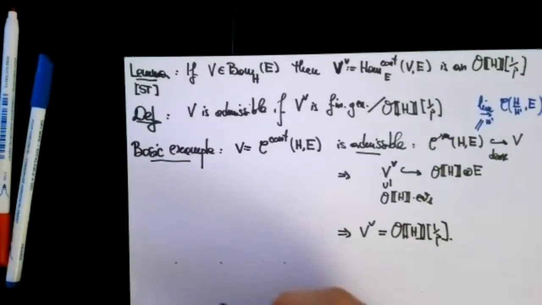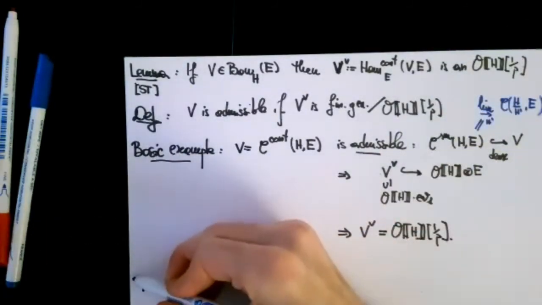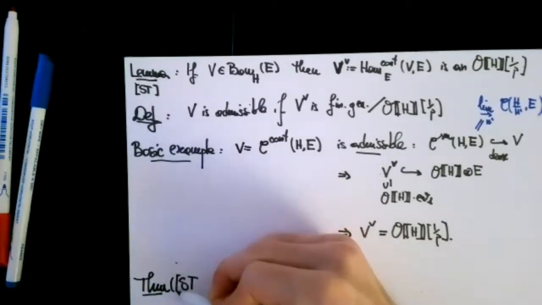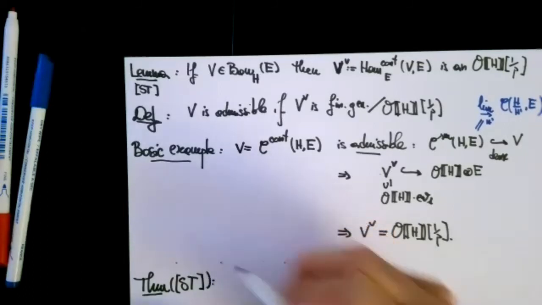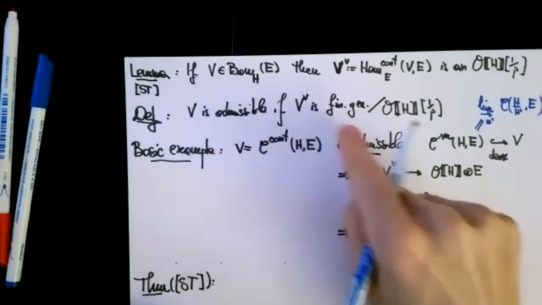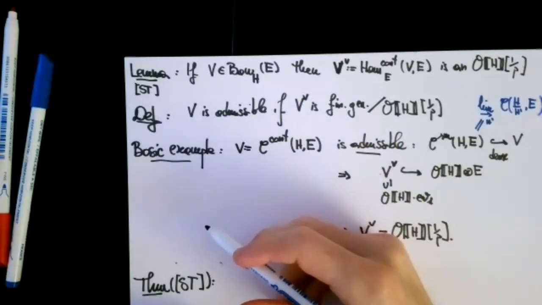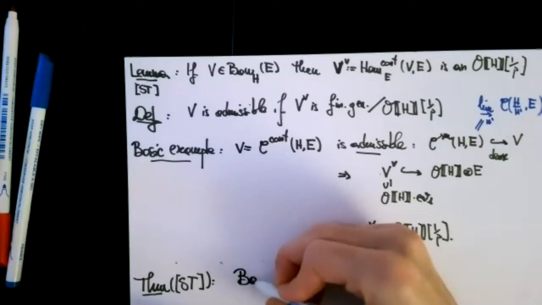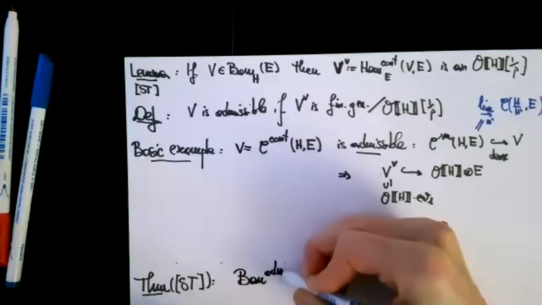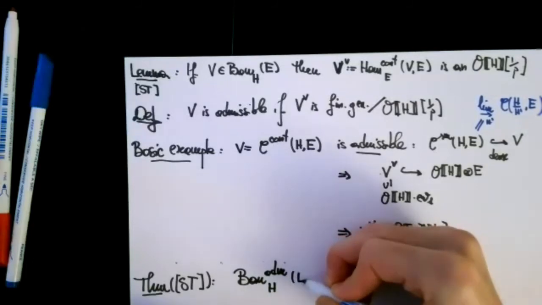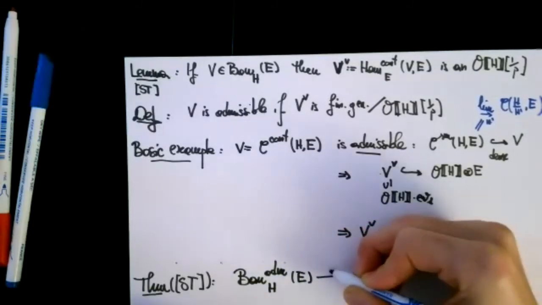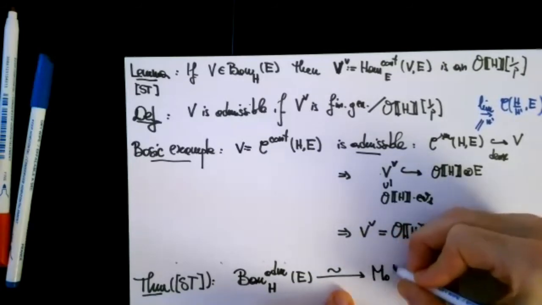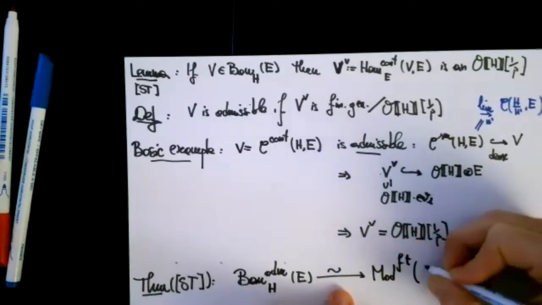So the key theorem, again of Schneider-Teitelbaum, is that this functor, V goes to V check, induces an equivalence of categories. So the category of admissible Banach space representations of H is equivalent to the category of modules of finite type over this algebra.